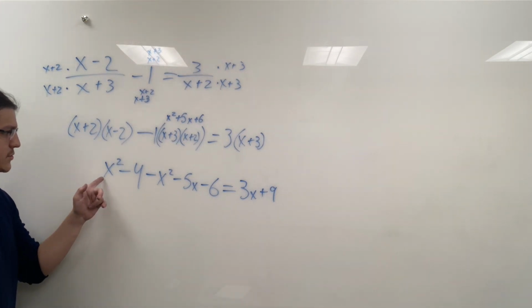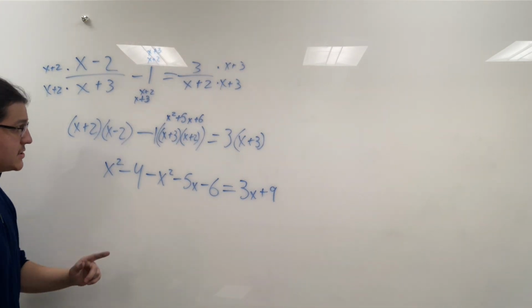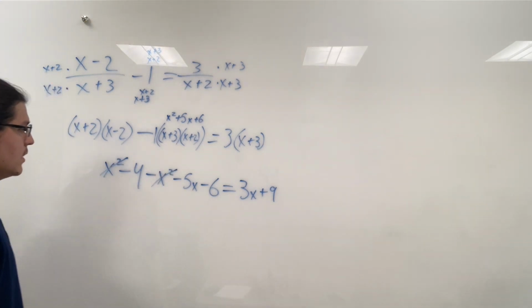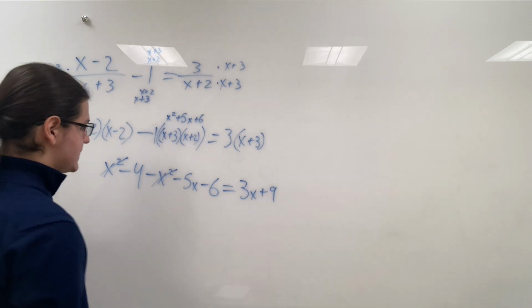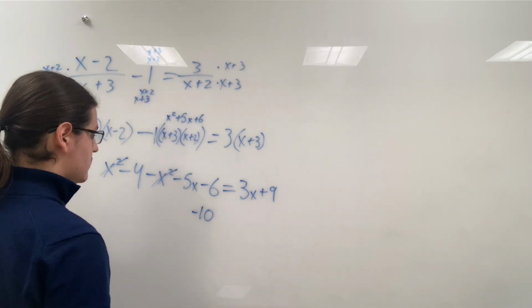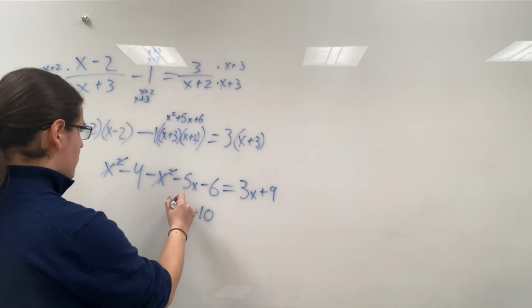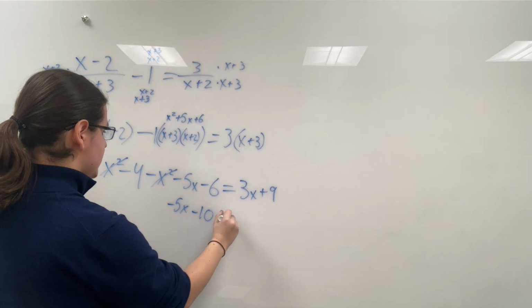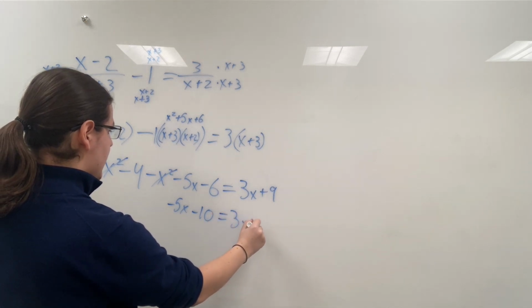So x squared minus x squared, so we can just forget about those. Minus 4 minus 6, that is minus 10. And then we get minus 5x is equal to 3x plus 9.